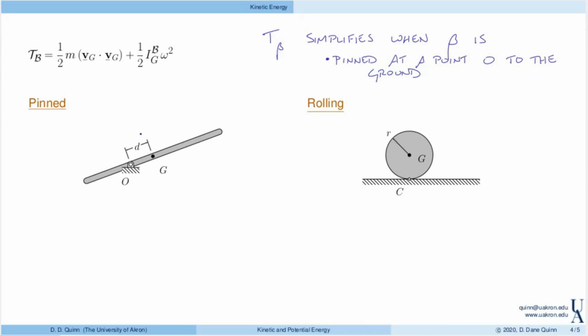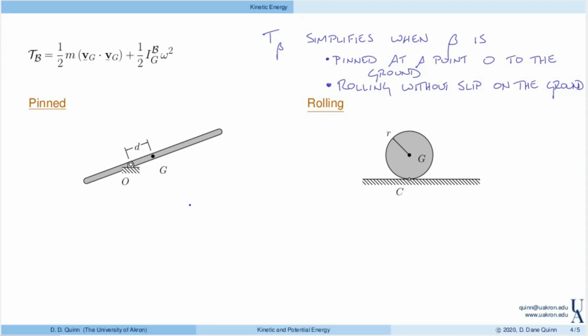So that's shown here with this bar pinned at O. Or the other case is rolling without slip again on the ground. So that's this second drawing where I have a disk that's rolling on the ground, and I assume there's no slip at the contact point C.